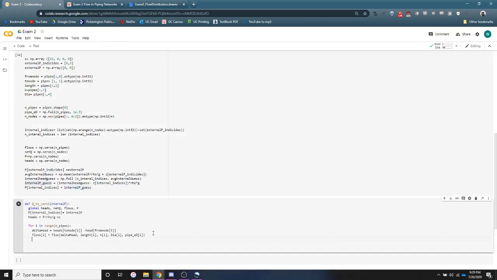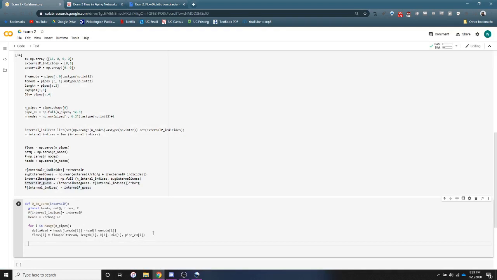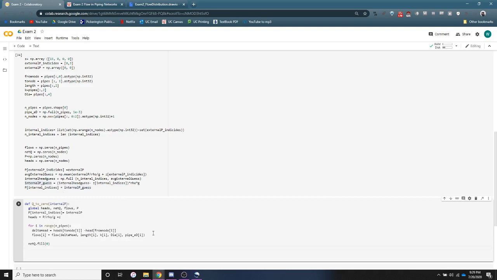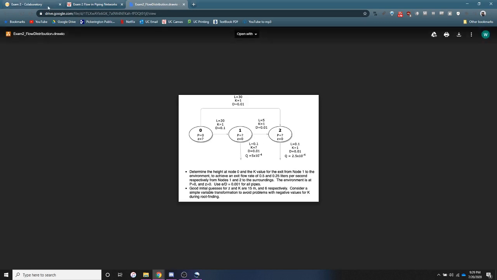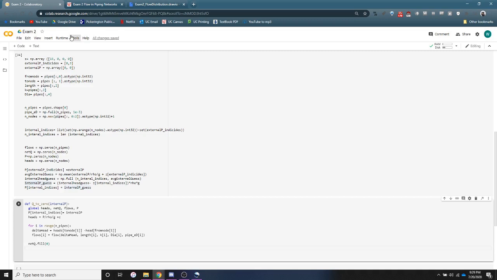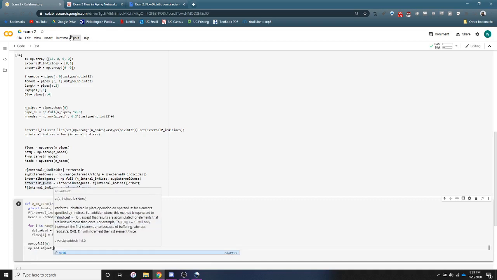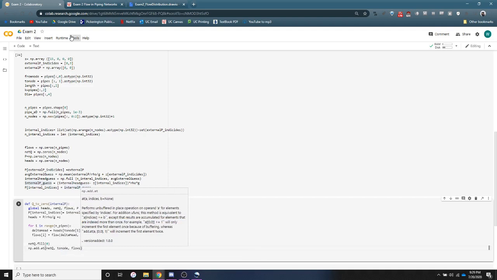So we're going to come down here, and next thing we're going to do is add to our net Q. We're going to first fill this with zeros, and then we need to actually account for the 2 out of the 1s and 2 in for 2, and we're going to use np.add.at, and this is going to be net Q in the 2 node, and its values in the flows.